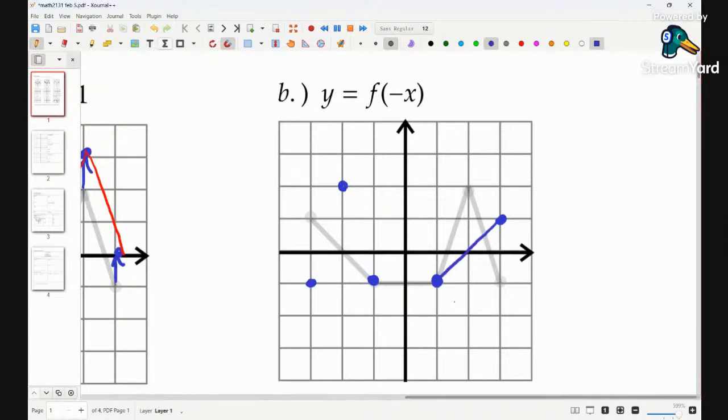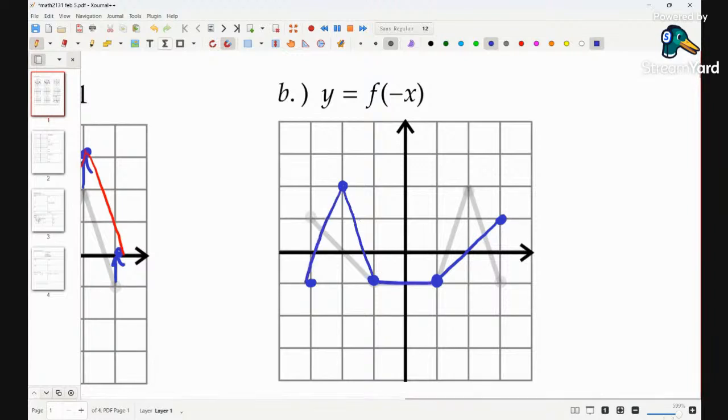And we trace our curve, or function, I should say. Really no curve there. And it is there. Yeah, it's a reflection, like the mountain was over here, now the mountain's over there. And this line segment is now over here. A reflection over the y-axis.